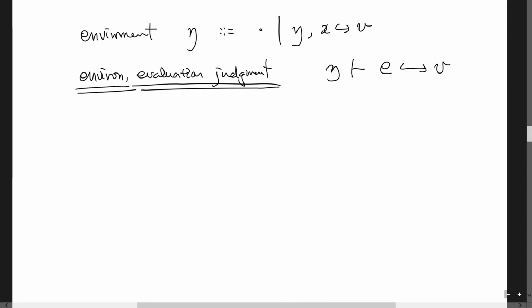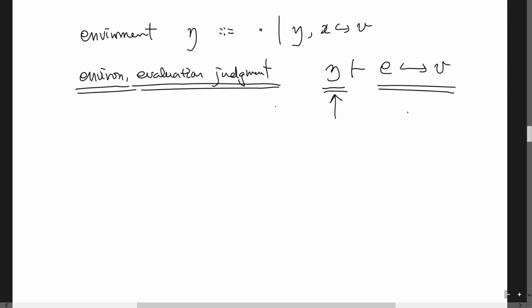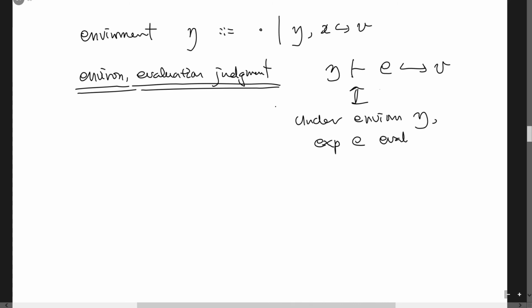It's an evaluation judgment because it uses this big step style, but on top of that, we carry this environment. So it's called environment evaluation judgment. What that means is that under this environment eta, expression e evaluates to value v. That's the interpretation of this new form of judgment.